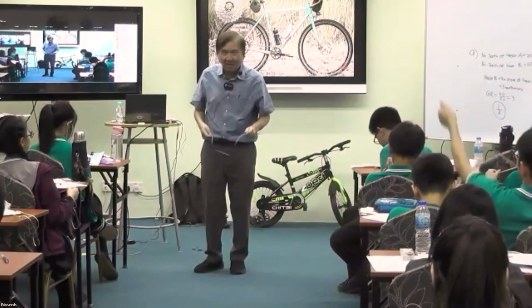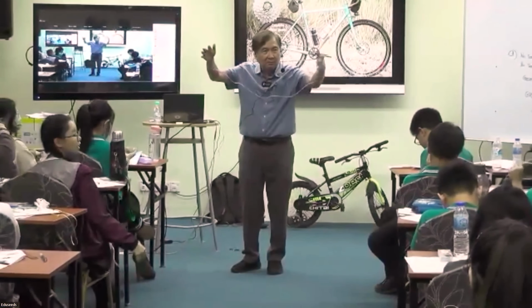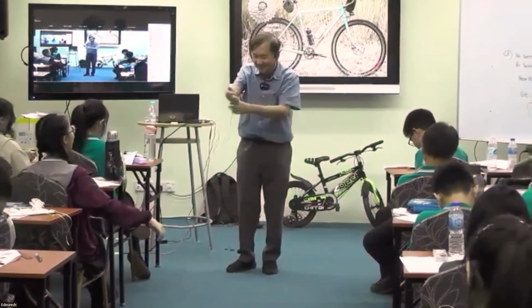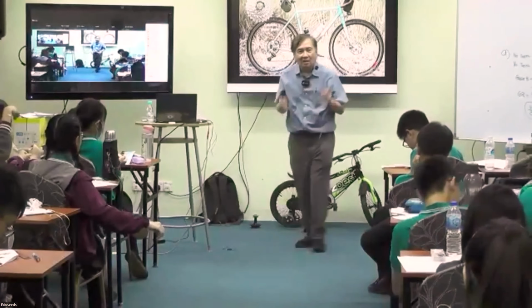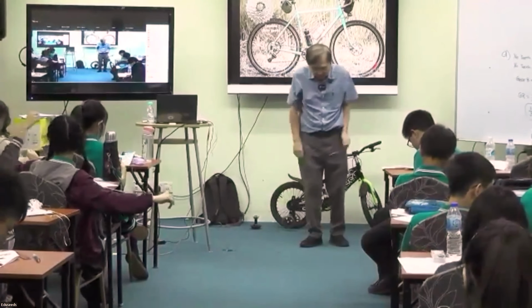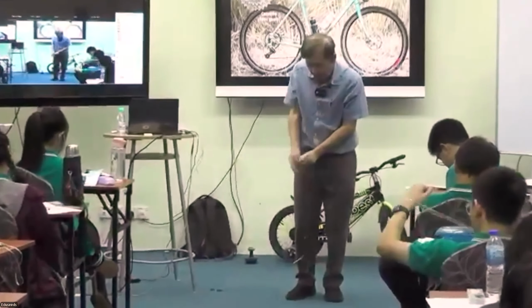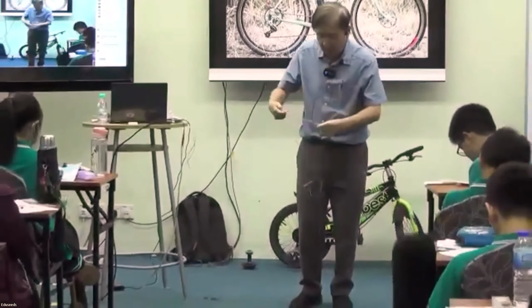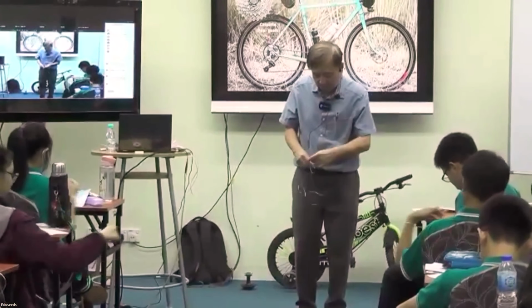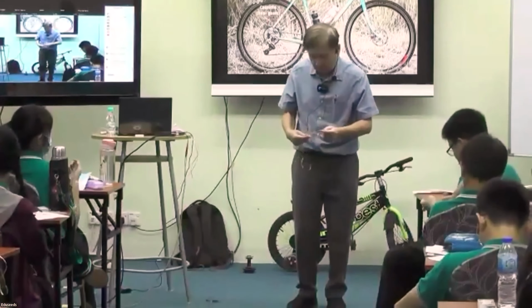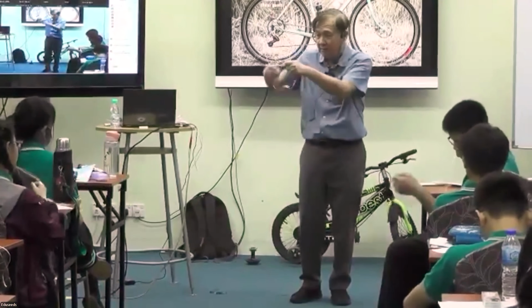Now listen. You make a loop. You know how to make a loop. Just now I'm doing it. Just make a loop. Okay. Now, remember just now you tied this knot, right? Remember this knot that you tied?